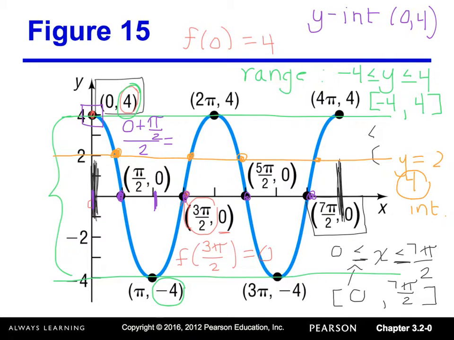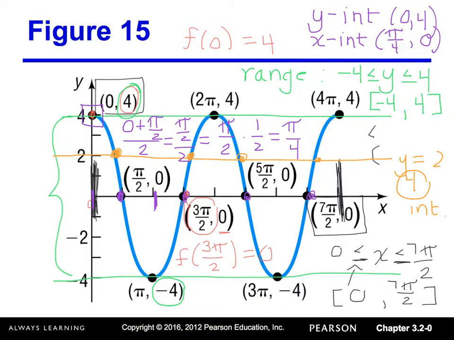Well, 0 plus pi/2 is pi/2. When you divide that by 2, that's the same as multiplying by the reciprocal of 2, so that would be pi/2 times 1/2. That means that x-intercept is at pi/4. So one x-intercept is at pi/4, but again, they like us to give those as coordinates, so (pi/4, 0).